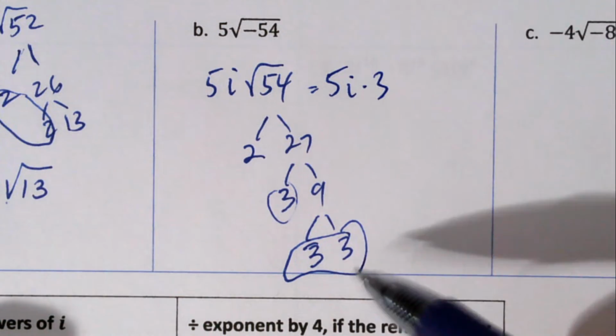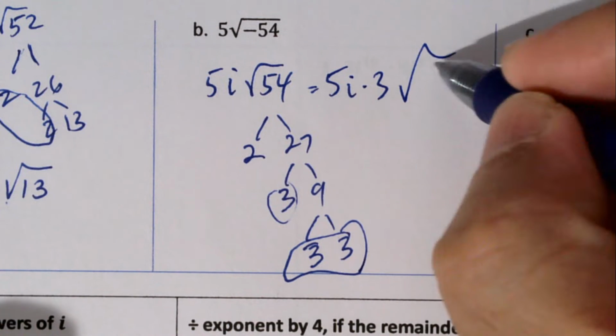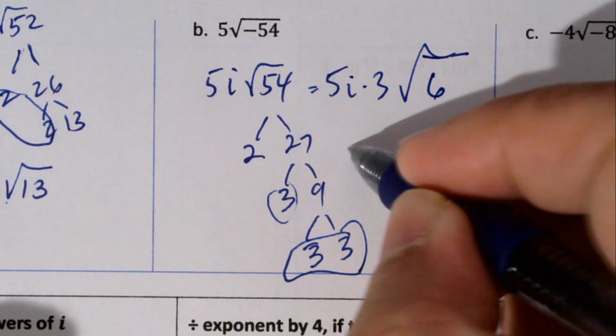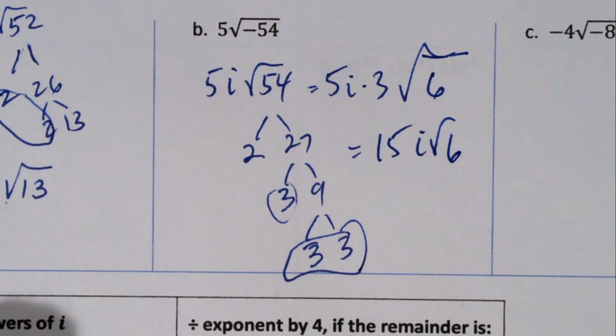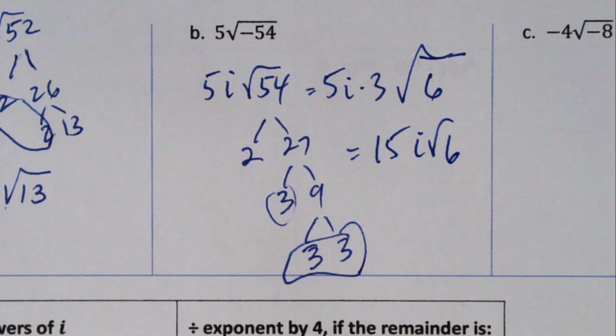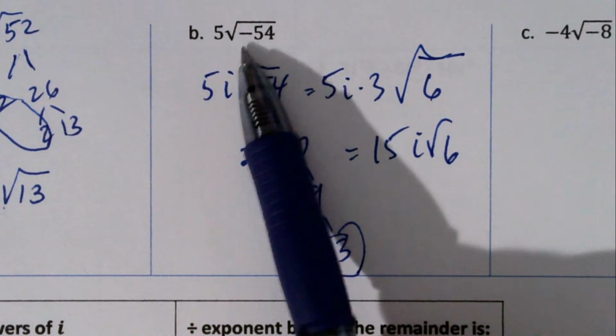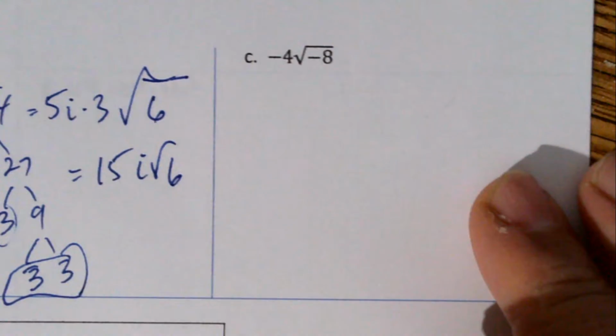The pair of 3's comes out, and then the 2 and the 3 stay inside, so they multiply to make 6. My final answer is 15i root 6. So everything is normal. It's not that new. The only thing that happened was the negative sign came out as an i. That's all that happened. Let's go with C.